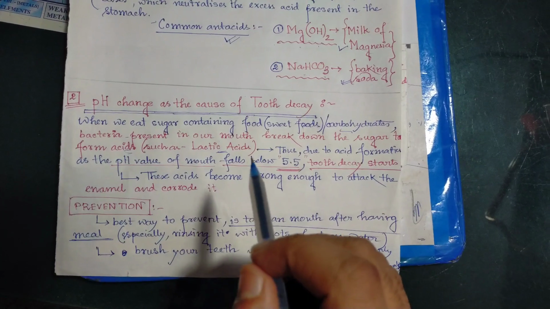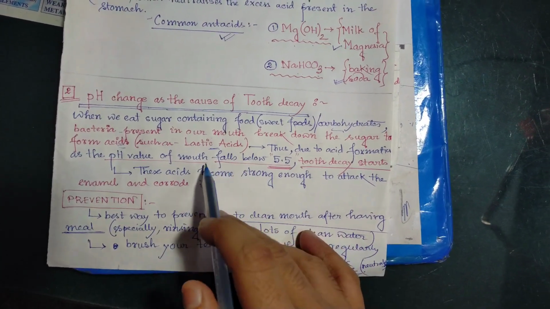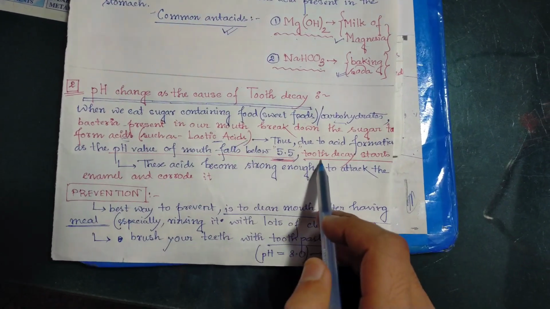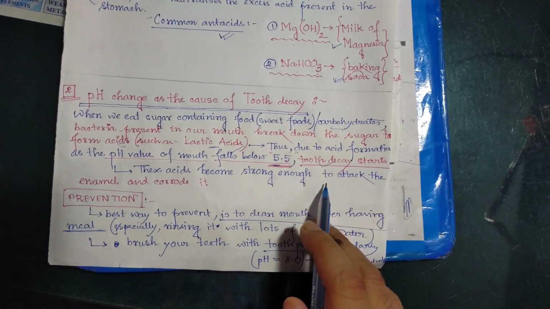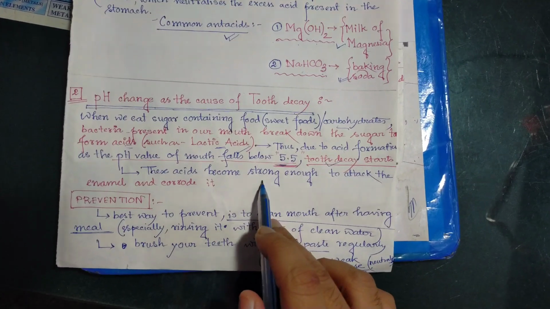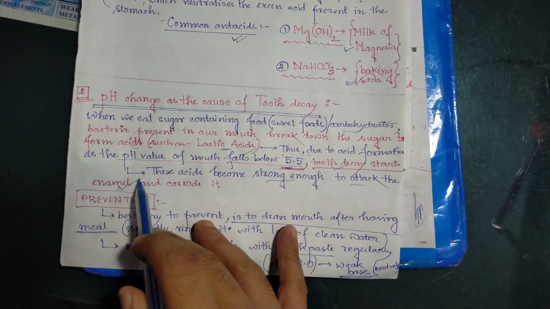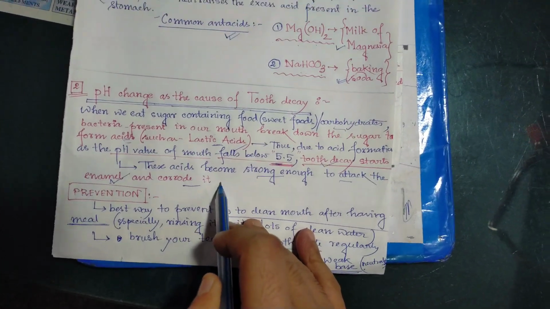When the pH value of the mouth falls below 5.5 due to the formation of such acids, tooth decay starts. Such acids are strong enough to attack the enamel of our teeth and corrode it.